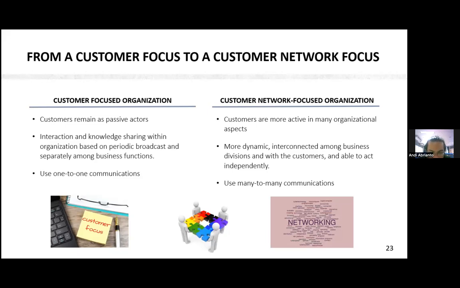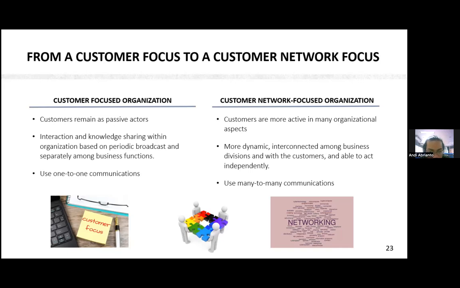Within the organization, interaction and knowledge sharing are based on periodic broadcasts between divisions like sales, marketing, engineering, and so on, that otherwise go about their business separately. Responses to customer needs are carried out by the organization with no further input from the customers themselves.